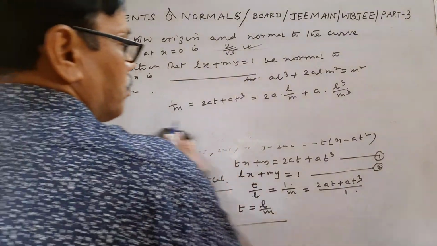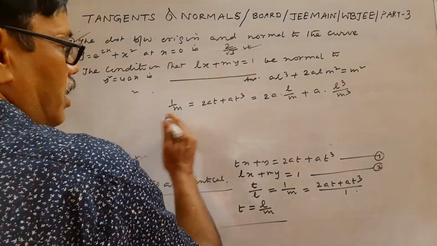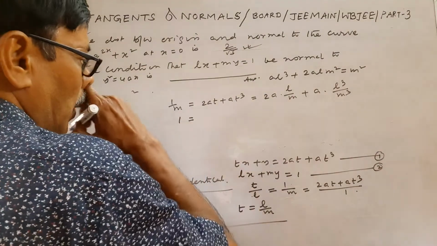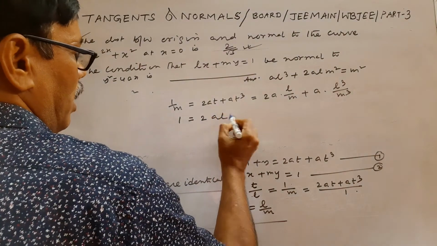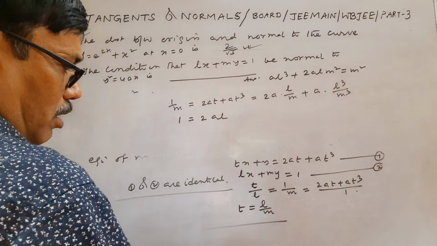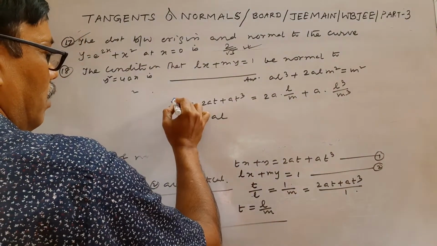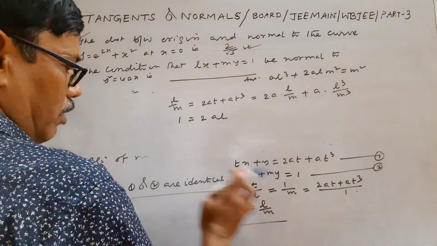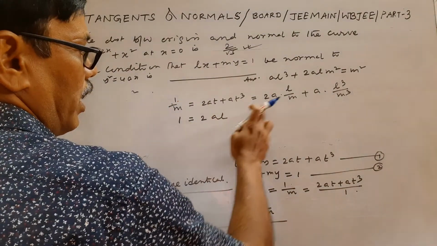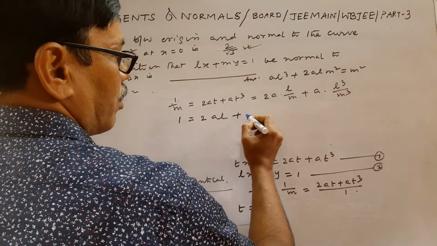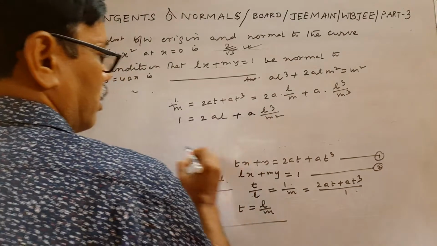So 1 by m equals this; multiplying by m, 1 equals 2al plus al cube by m square.